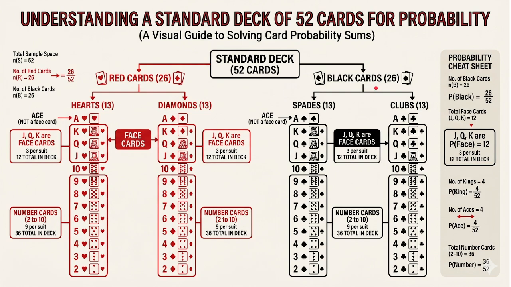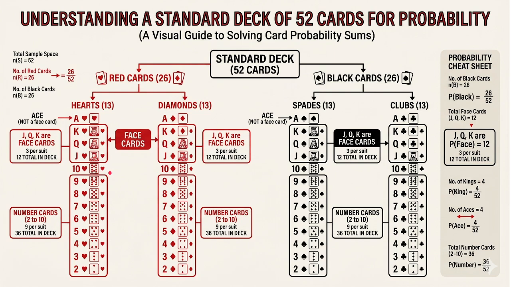There are 4 suits: hearts, diamonds, spades, and clubs. Each suit has 13 cards: an ace, 3 face cards, that is king, queen, jack, and number cards, that is 2 to 10.